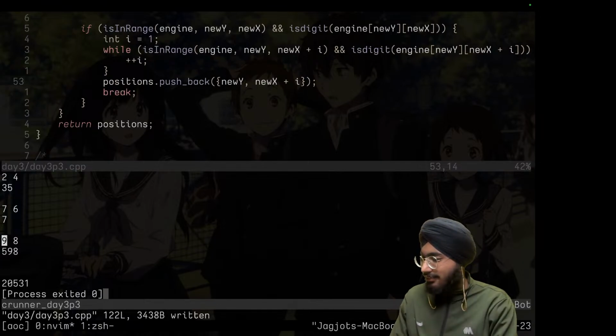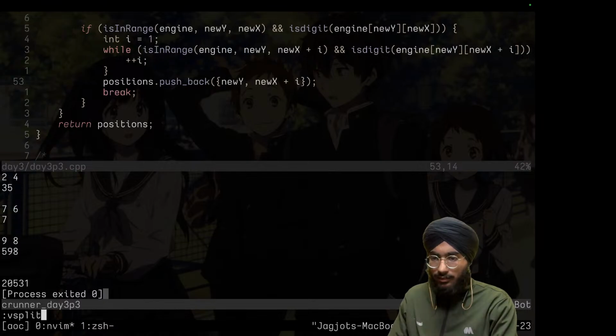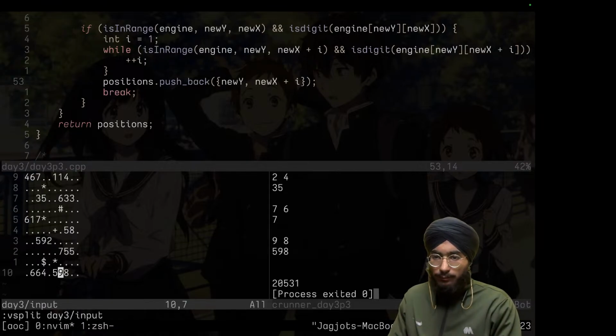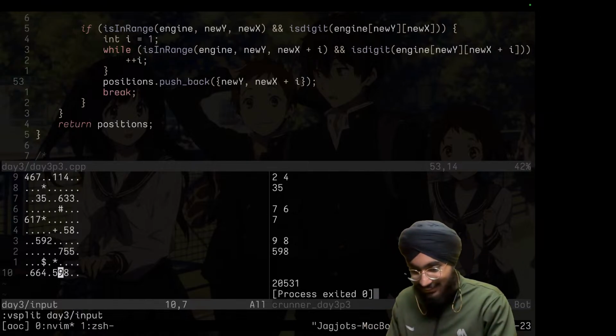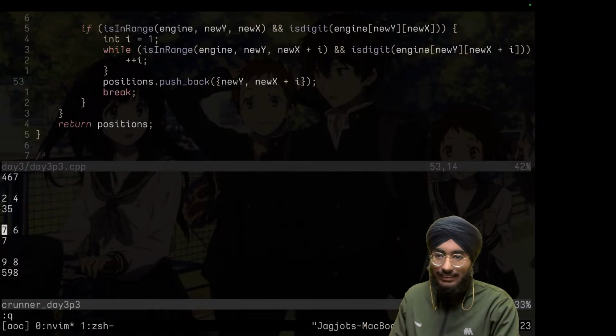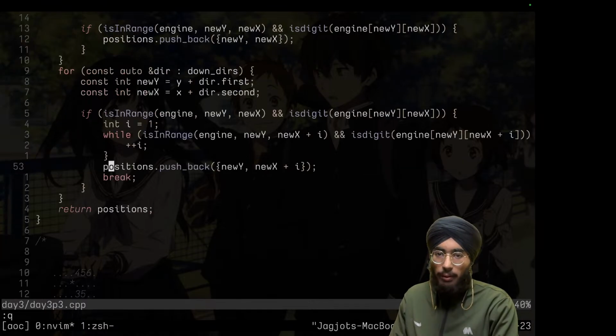598. See, 598. It is working. Just need to do this for the top part also.